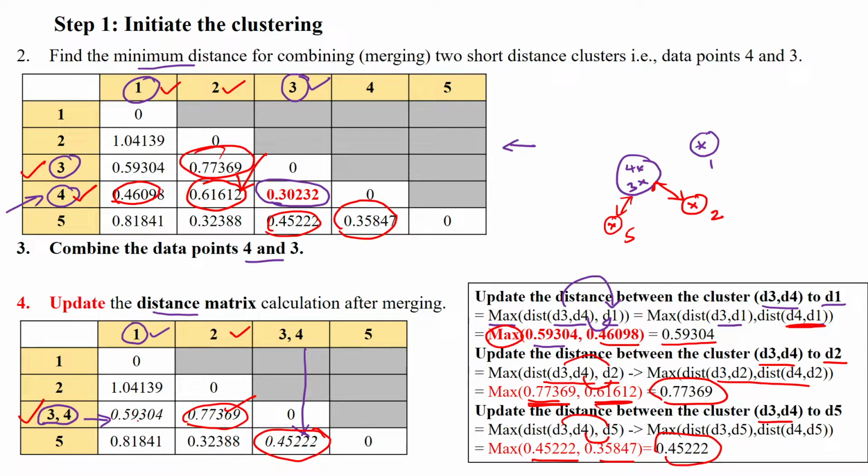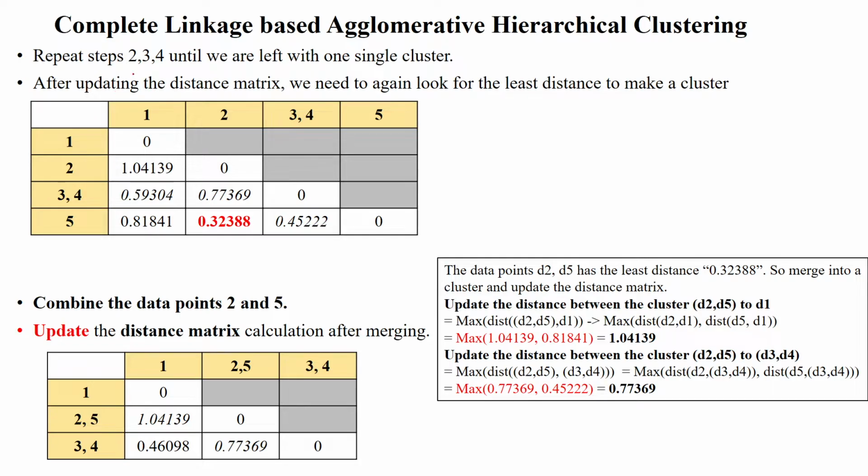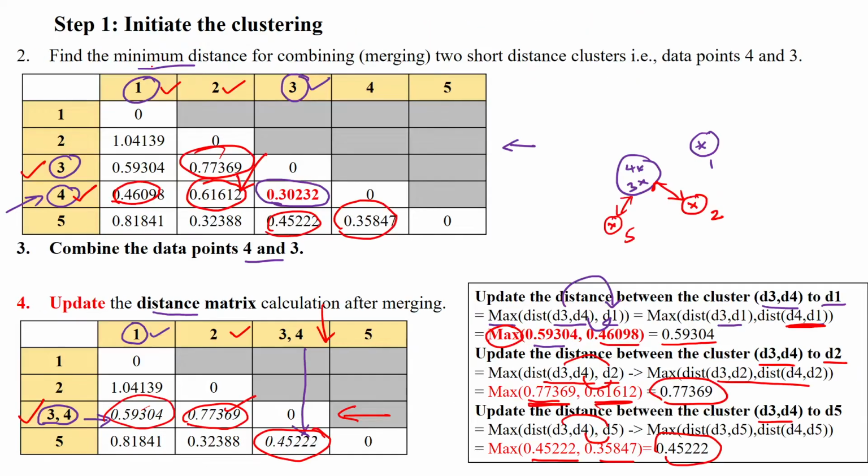As I said, we have updated this row and this column, all three values. After this, we identify the minimum value again by repeating steps 2, 3, 4.